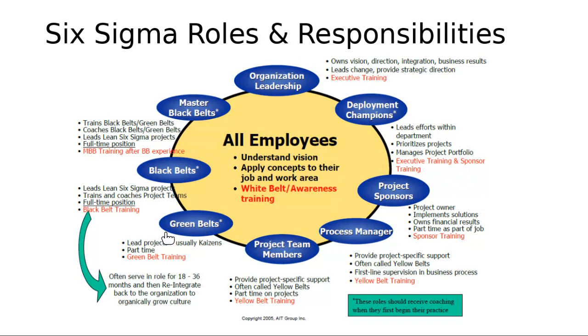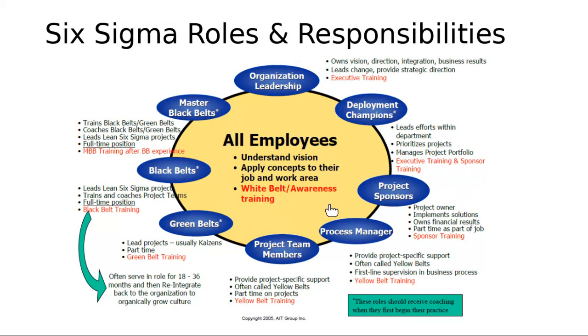The black belt comes on the team as a coach, so they coach the team members and the green belt. The master black belt coaches all the black belts in all the projects, because they are the subject expertise about Six Sigma.